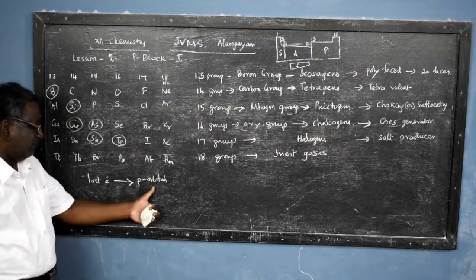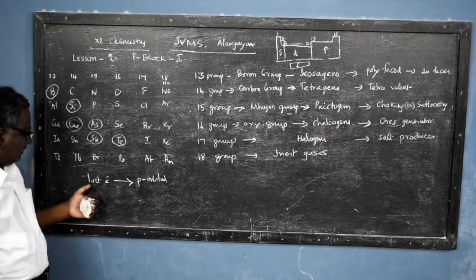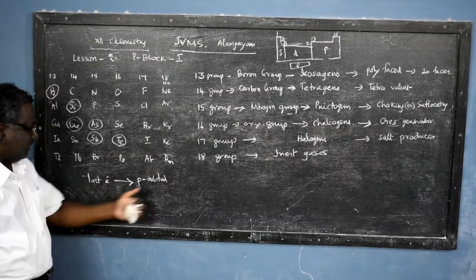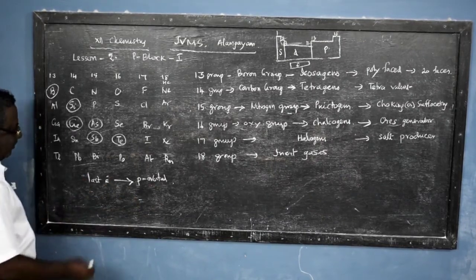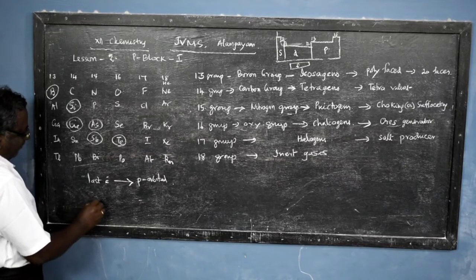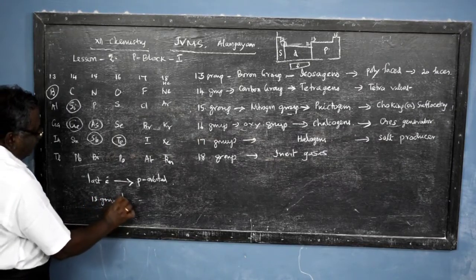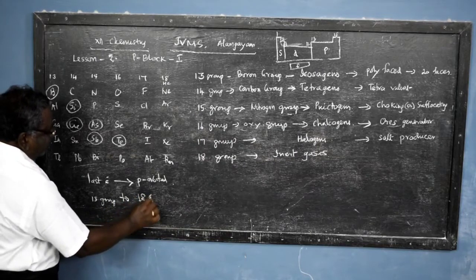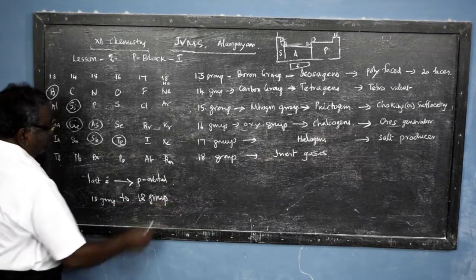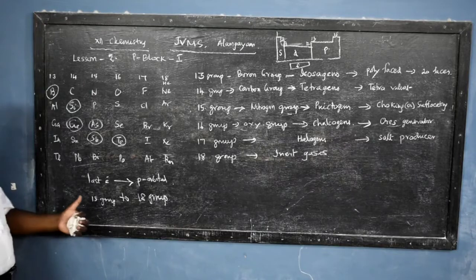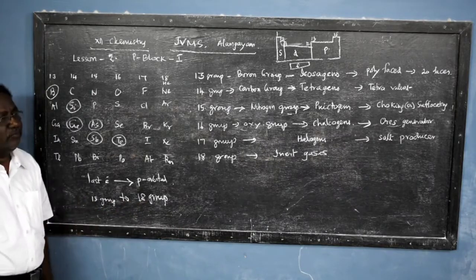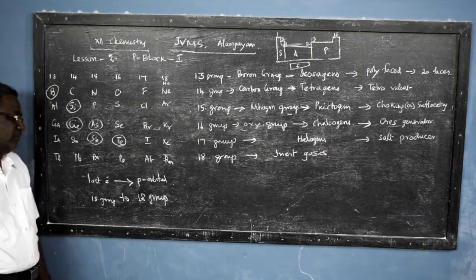So P block element is one in which the final electron enters into the p orbital. Mostly P block elements are present in 13th group to 18th group. So the elements which are present from 13th group to 18th group is also being called as P block elements.